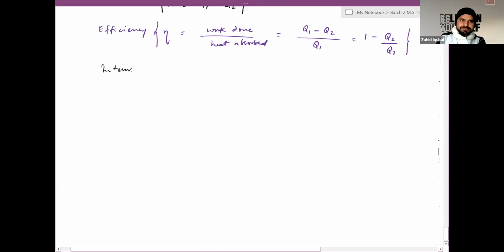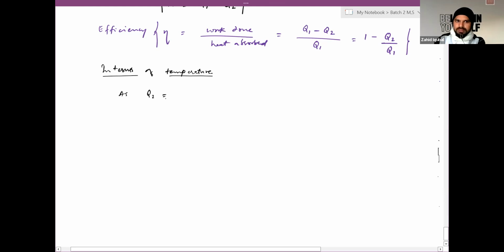In terms of temperature, according to the relation, Q2 equals heat ejected out during isothermal compression.